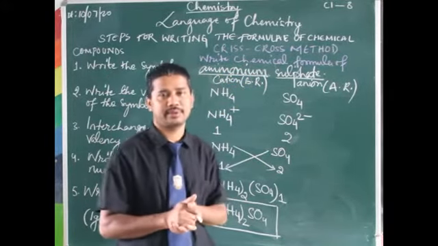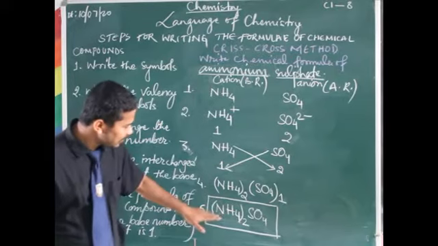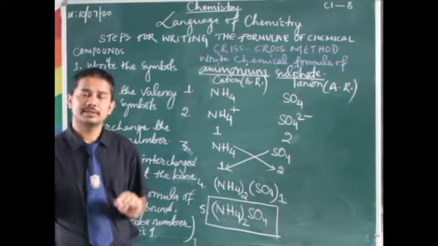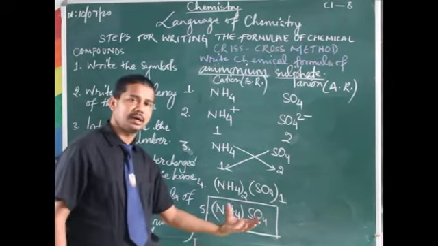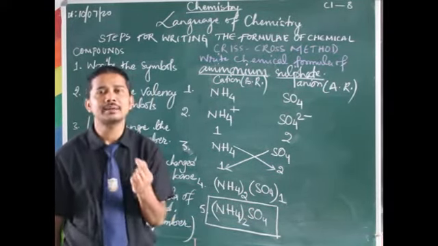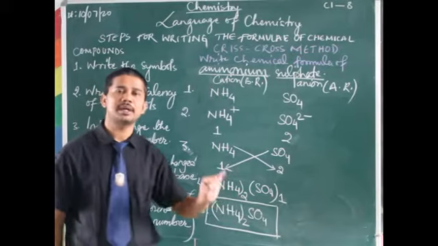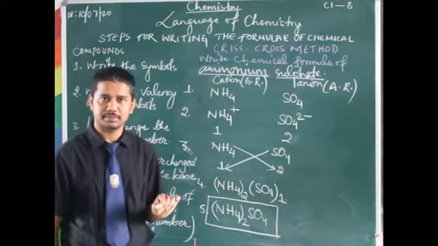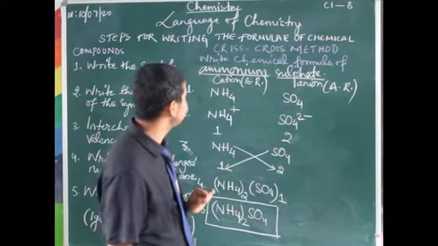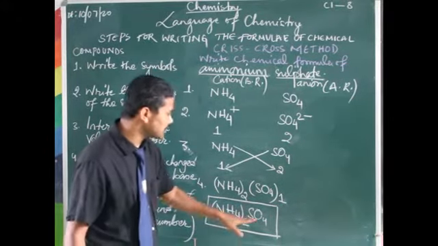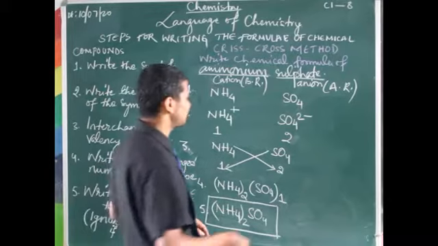I may not be knowing. But if I write the molecular formula, then this molecular formula means one molecule. It represents one molecule of the compound. So NH4 whole twice SO4 means one molecule of the compound.